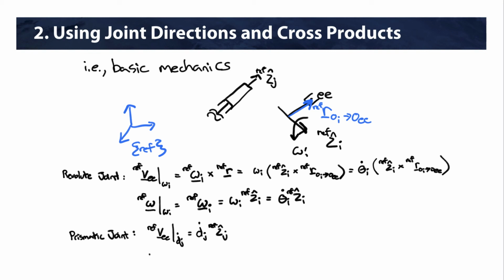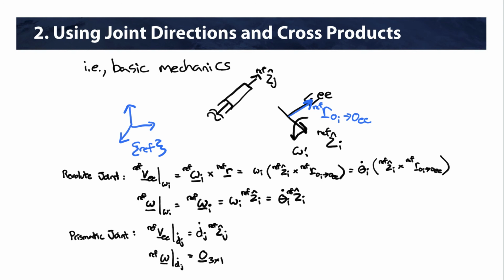And the angular component due to our translational joint, well, they don't contribute any angular velocity, so it's a zero vector. Again, i denotes a revolute joint, and j is denoting a prismatic joint in this case.